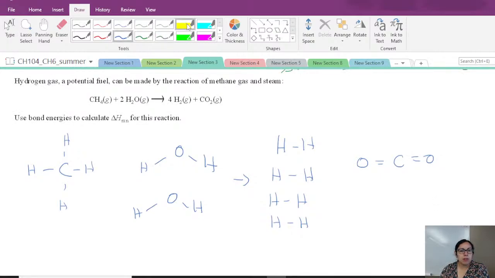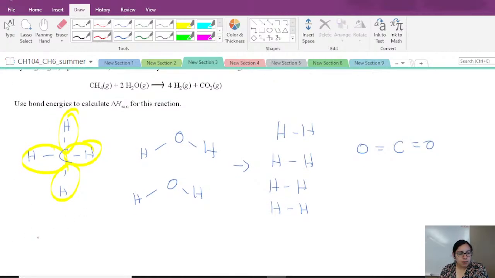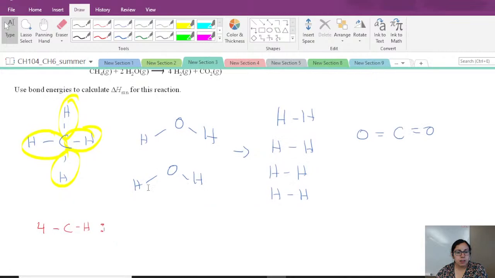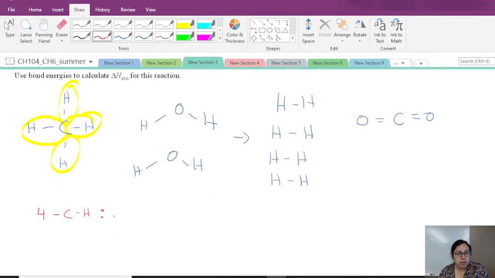This is where you can start highlighting: I have to break all those CH bonds. And you could do your calculation. I know I have 4 CH bonds, so I need that times 4. So 464 times 4, it sounds like, and someone can back us up.